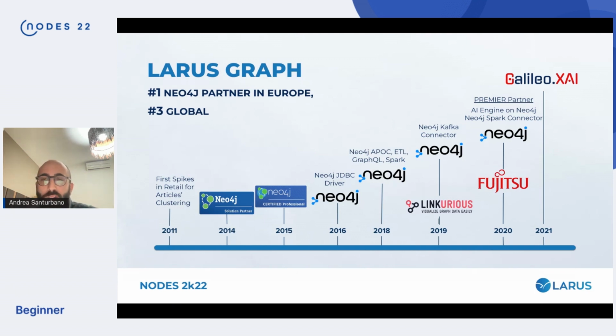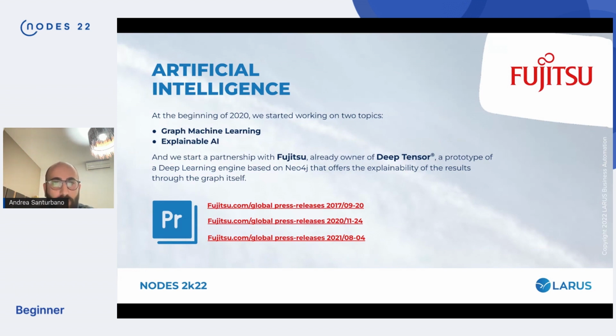We also partnered with Fujitsu, and we built the first AI-based solution on Neo4j, which led us to build our first graph AI platform, Galileo XAI, in 2021. Fujitsu built Deep Tensor, a prototype of a deep learning engine with explainable AI, that we helped them productionize, and we included it in our Galileo XAI platform.